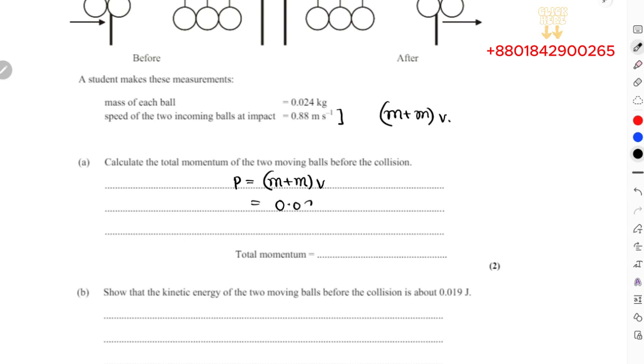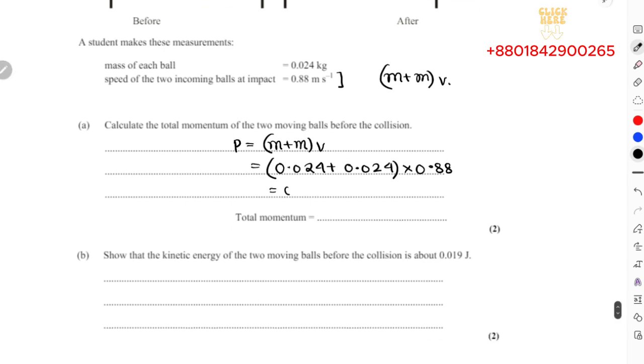That's 0.024 plus 0.024, multiplied by 0.88. So now if you calculate that, you're going to get 0.4224 kg meters per second.